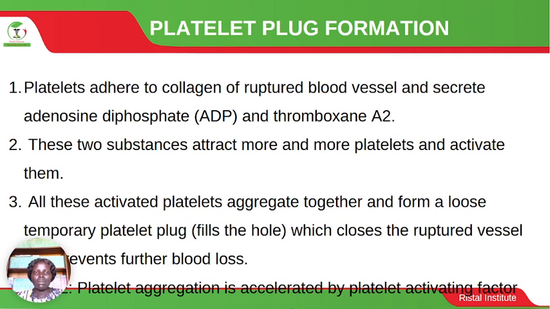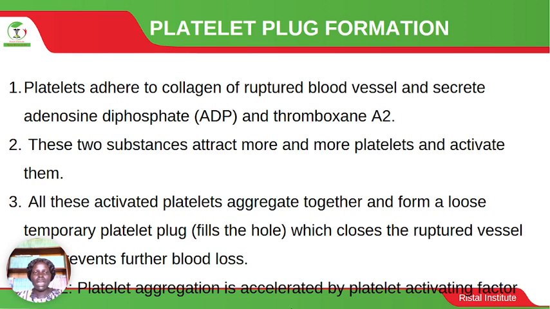So let us look at platelet plug formation. Platelets adhere to collagen of the ruptured blood vessel and secrete adenosine diphosphate, which can be referred to as ADP, and thromboxane A2. These two substances attract more and more platelets and activate them.